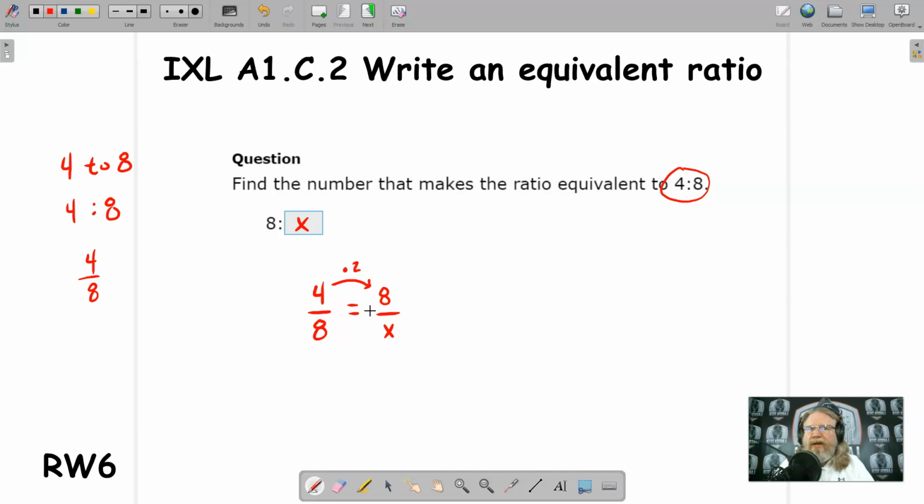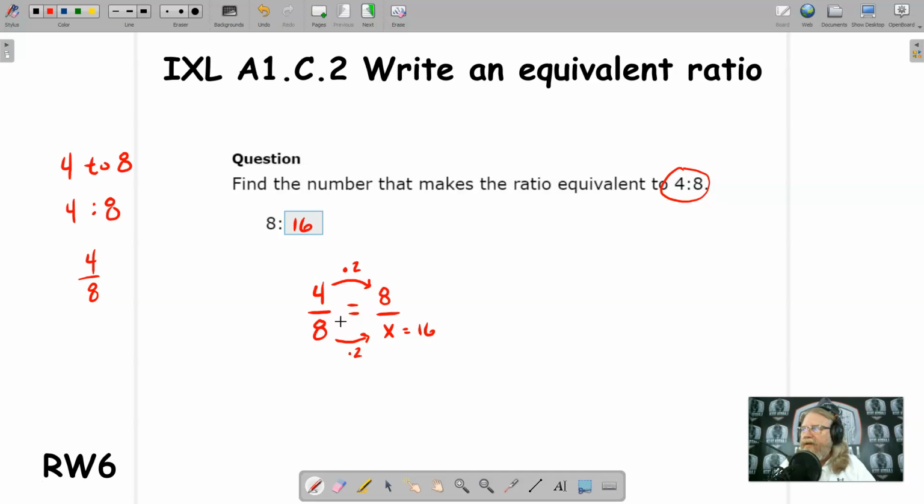So in order to have an equivalent fraction, which is going to give us an equivalent ratio, we want to do the same thing to the denominator as well and multiply that times 2. So 8 times 2 is 16. So in the blank here, we'll put 16. So 4 to 8 is equivalent to 8 to 16.